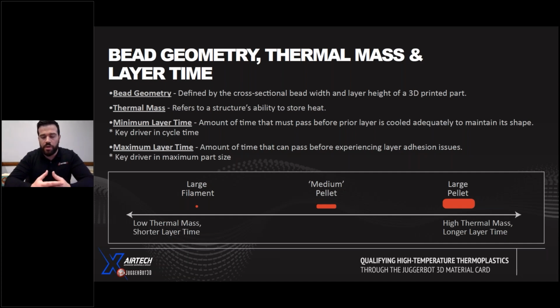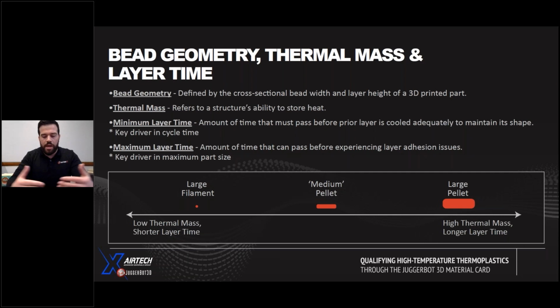That pertains to the amount of time that can pass, on the minimum side, before a second layer can go on top of the prior layer that was just deposited, giving that prior layer enough time to cool adequately to maintain its own shape, or the maximum amount of time that can pass before the previously deposited layer has cooled too much and you have issues with layer adhesion.